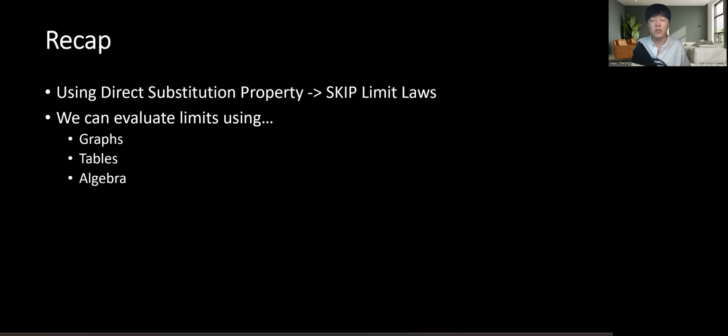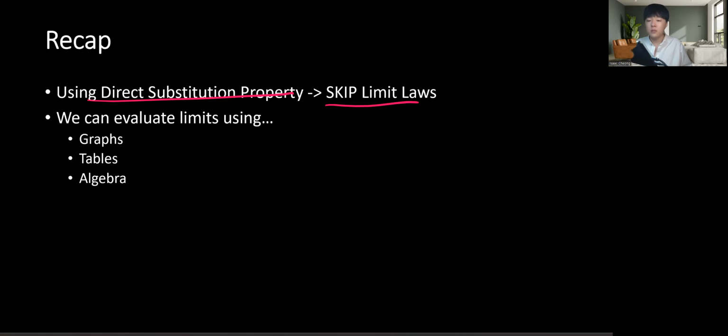This was very good because using this property, we could skip all the limit laws. We discovered that using the limit laws to evaluate limits is very tedious. It takes a lot of time, and we really want to skip that. That's why we use the direct substitution property to skip those steps, right?